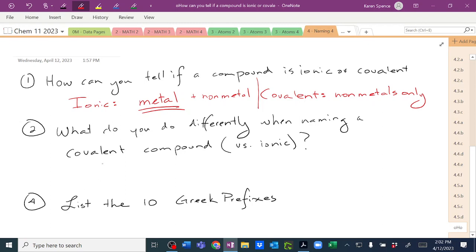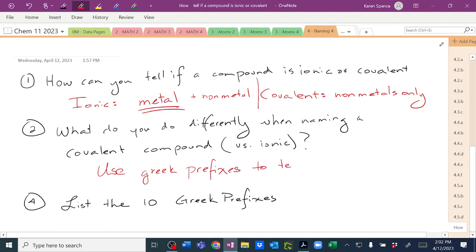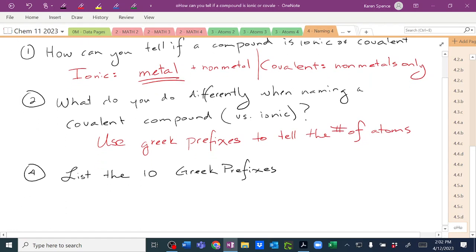We use the Greek prefixes to tell us the number of atoms. And let's see what we can remember of our 10 Greek prefixes, because it may have been a while.